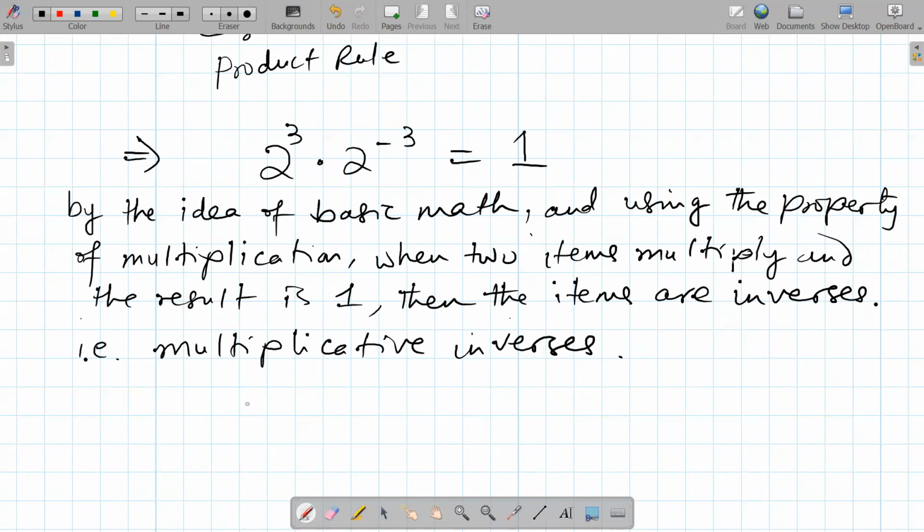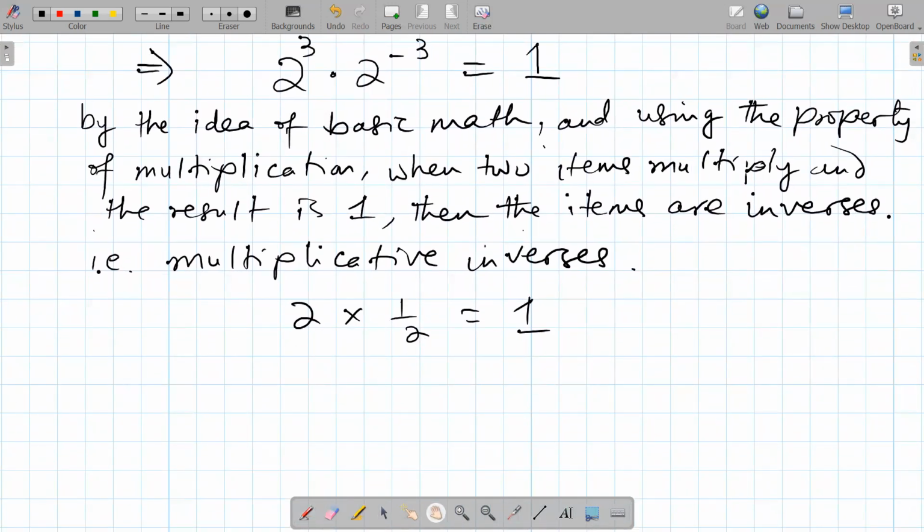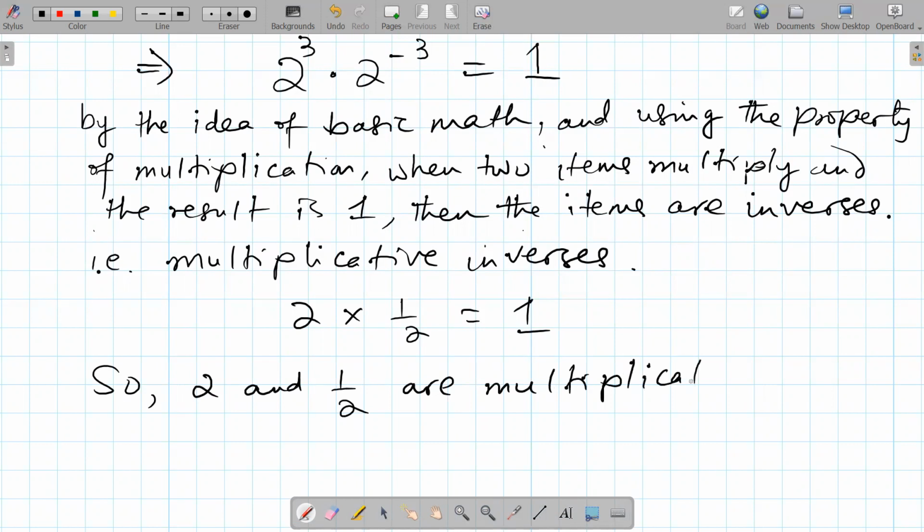For instance, if you have 2 times 1/2, that gives you 1. So that tells you that 2 and 1/2 are multiplicative inverses.